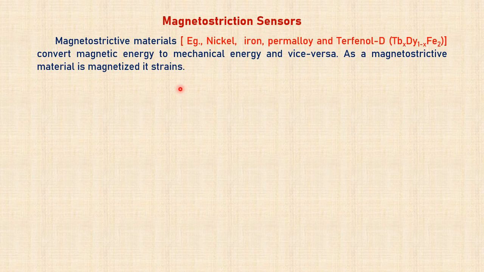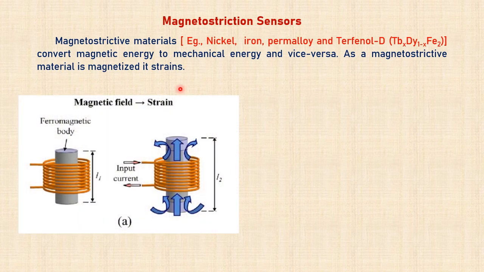Now let us concentrate on this figure. We have a ferromagnetic material. You can see ferromagnetic materials exhibit this magnetostriction. Nickel, iron, all these are ferromagnetic materials. So imagine I have a ferromagnetic rod and I subject this rod to a magnetic field by passing current through this coil.